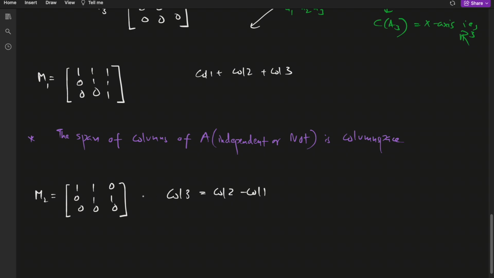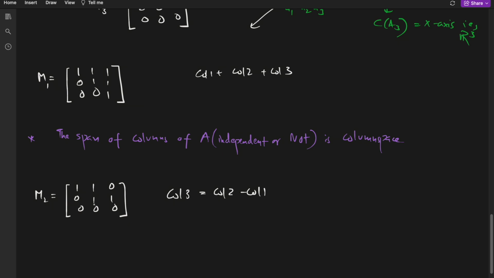So in this case, column 3 is a linear combination of the first two columns. So we can simply say that the column space of matrix M2 won't fill the entire 3D space, but it is going to be a plane, right? It is going to be a plane.